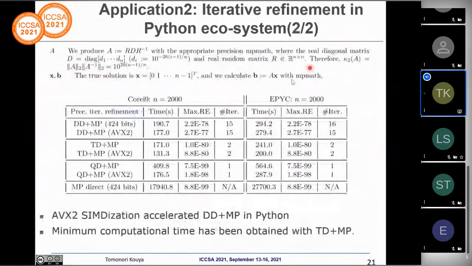By using this code, we can get the most efficient result obtained by using triple double precision and mpmath library.